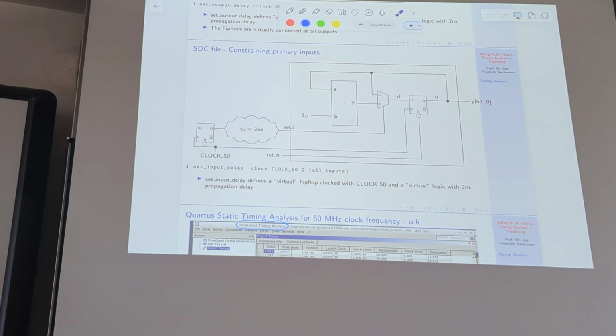So that's the idea how you tell the EDA software what you want to do. At which clock frequency do you want to run? 90% already covered by that. And then primary inputs and primary outputs in a synchronous manner.